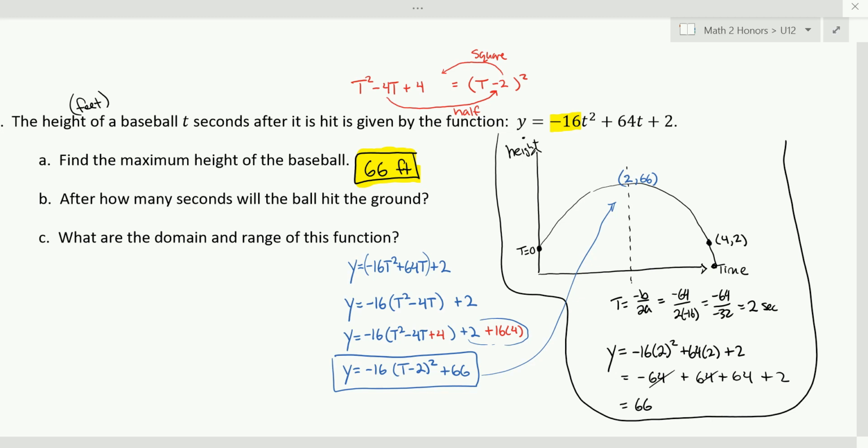And since we've done all this work to complete the square, let's pick up from here and solve. Don't use the quadratic formula. Let's practice solving using that other method. So just set y equal to 0 and solve for t, to find out when it hits the ground.